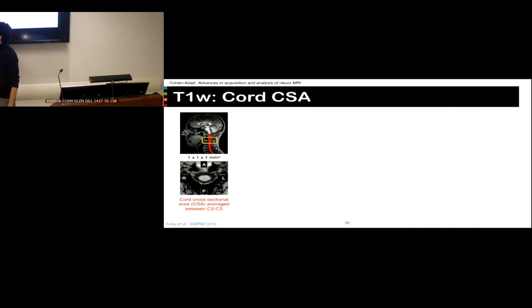This is the result of a T1 weighted, where the spinal cord was segmented using automatic tools that we developed in the lab. And then from this segmentation, we can measure the cross-sectional area. So basically the area of the spinal cord, which again is a good biomarker for many diseases.